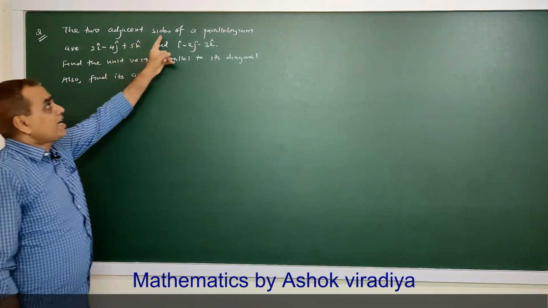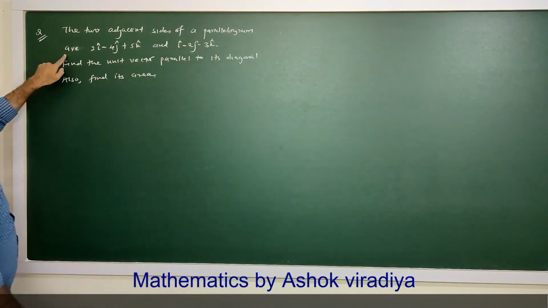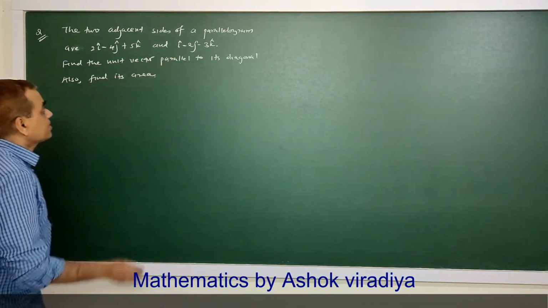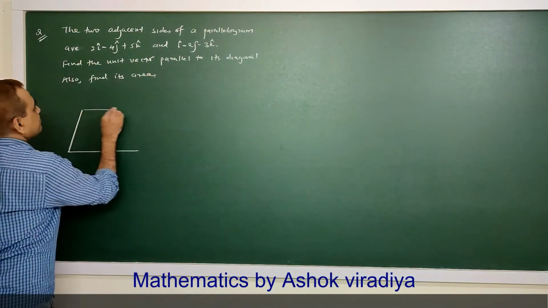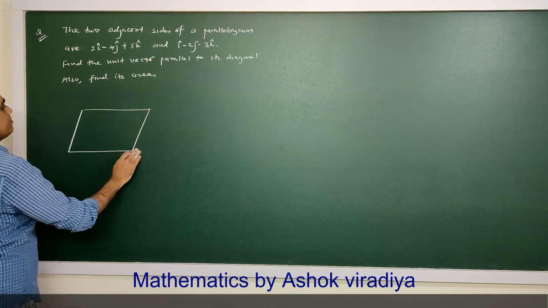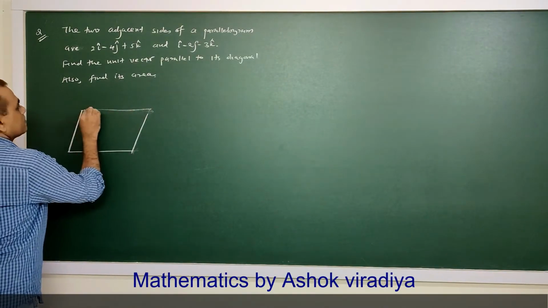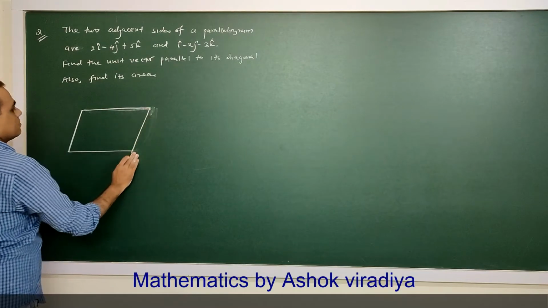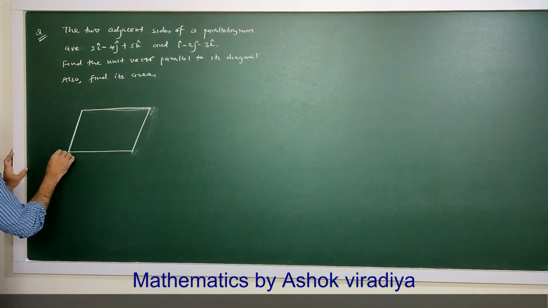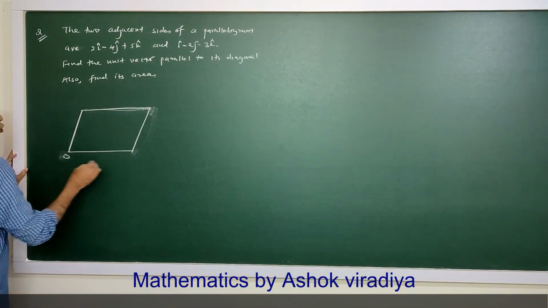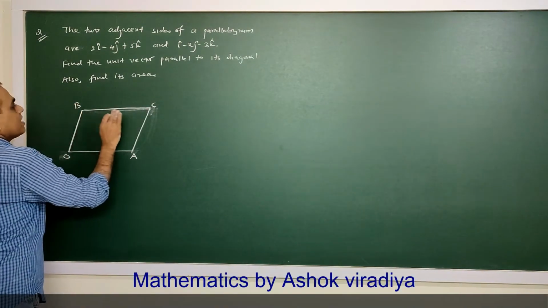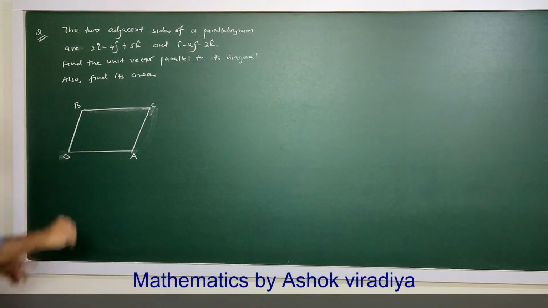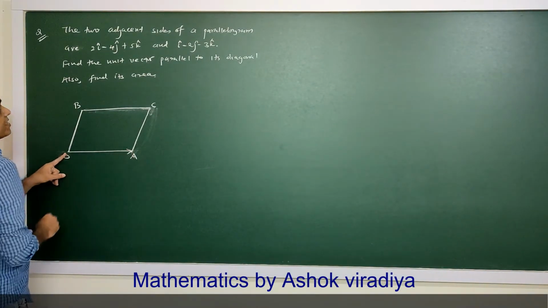Two adjacent sides of a parallelogram are given by these vectors. Let me take here sides of a parallelogram. This is a parallelogram. Suppose that here we have O, A, C, B. We are taking parallelogram OACB, in which we take these as adjacent sides.